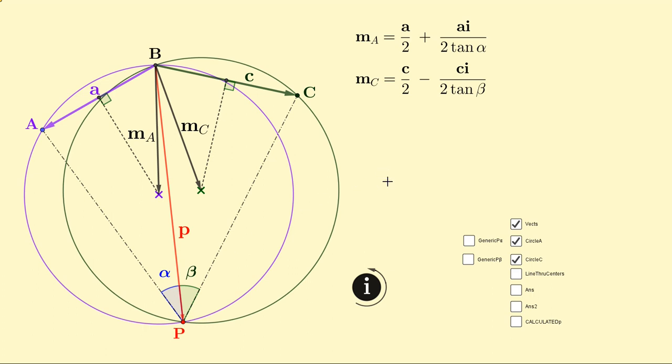So how can we make use of that? Well, to get an idea, let's draw the line that joins the centers of these two circles. And if we do that, from our previous knowledge of geometry, we know that the vector from B to P is perpendicular to the vector that joins the centers of these two circles.